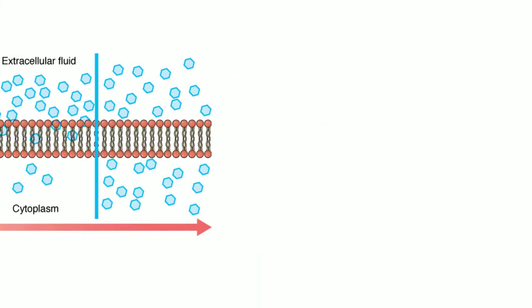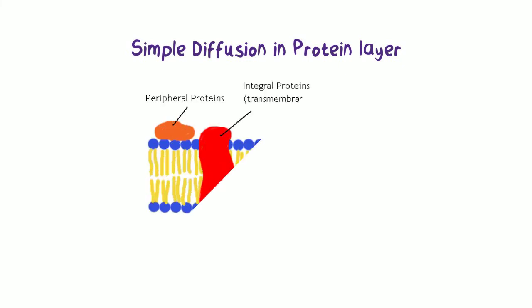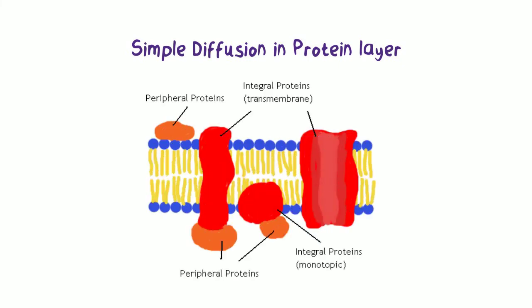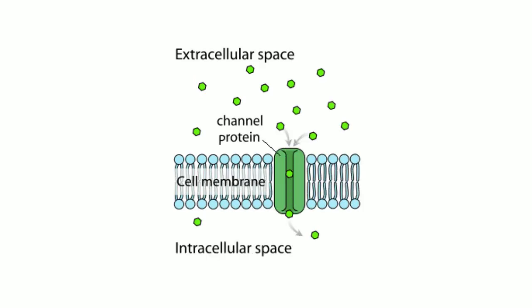The simple diffusion through the protein layer passes through the proteins of the cell membrane that are permeable to only water-soluble substances, and mainly these are electrolytes. The protein channels in the cell membrane run throughout the central lipid layer of the cell membrane. There are pores which are made by the integral protein molecules of the protein layer.